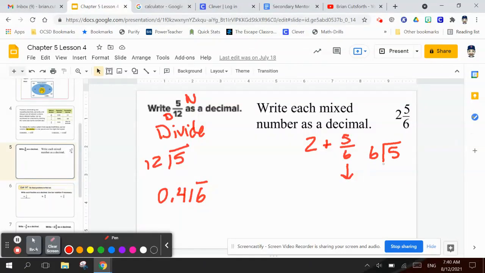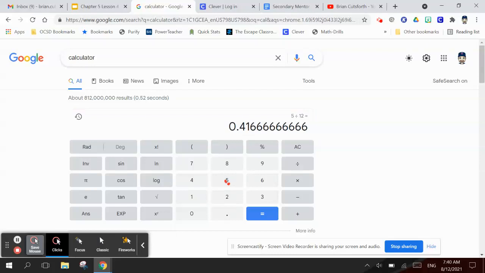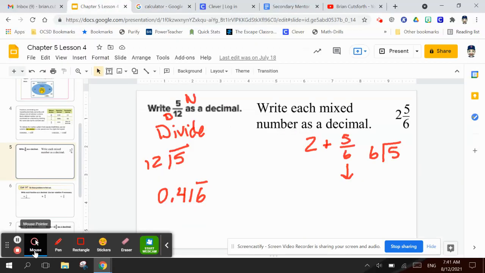So I go to my calculator and take 5 divided by 6. And when I do, I get 0.833333333. So which number is repeating? That's the 3. So the bar goes over the 3, but the 8 stays still.